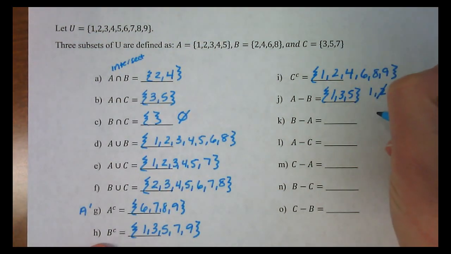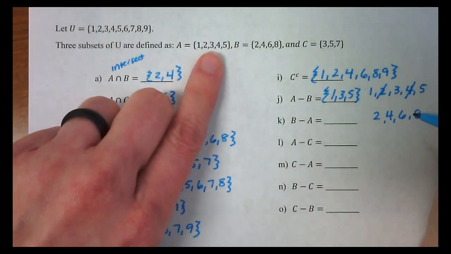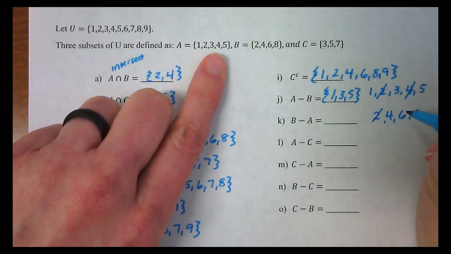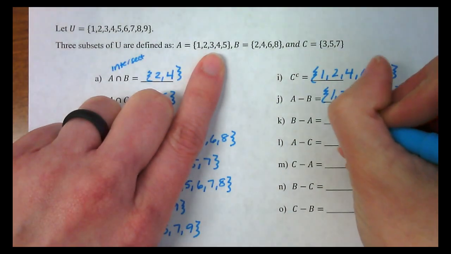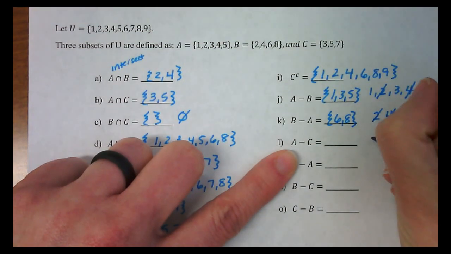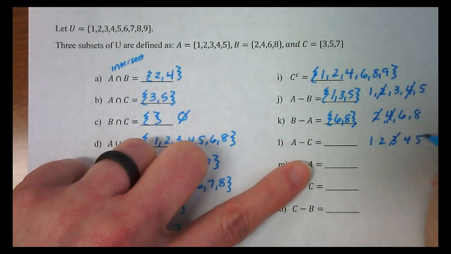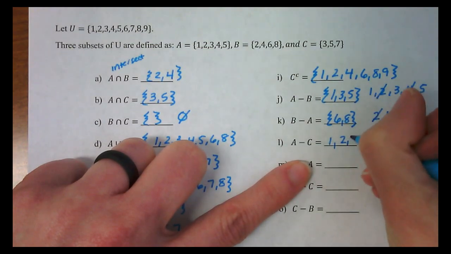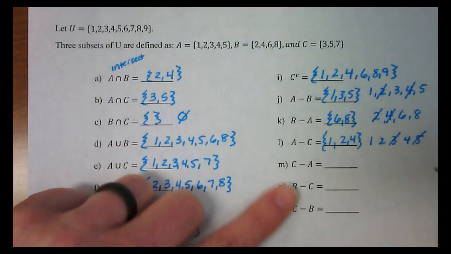B minus A, I'm going to start out with B, 2, 4, 6, 8. And I'm going to cross out whatever is in A. So cross out the 2 and cross out the 4, and I'm just left with 6 and 8. A minus C, so I'm going to start out with A and cross out whatever is in C. So I'm left with 1, 2, and 4.